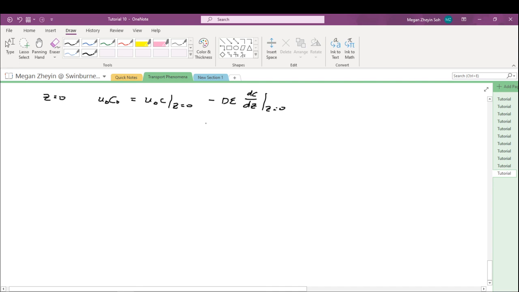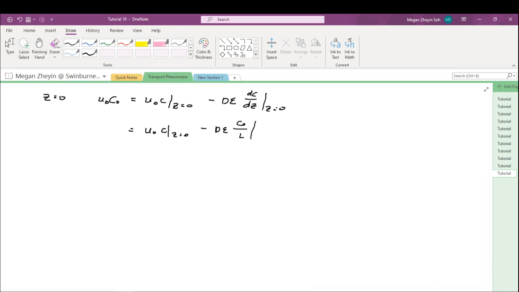Okay, so this one we replace with c over L again. Minus dE c over C0 over L.